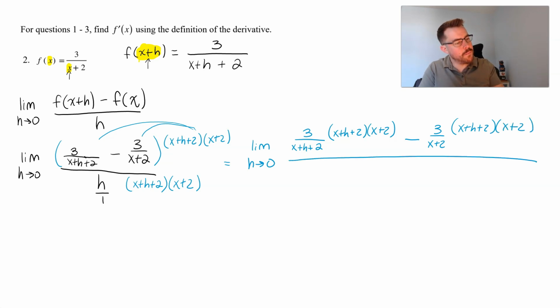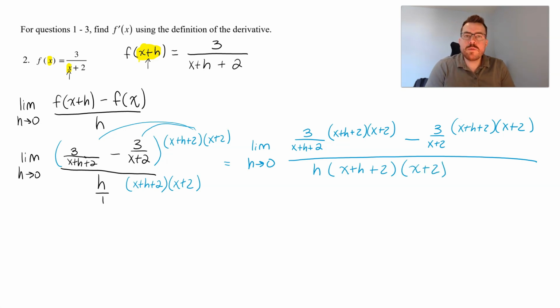And then we leave our whole bottom here, which is h times x plus h plus 2 times x plus 2. Okay, next all we have to do is we just have to simplify this down. So we have x plus h plus 2 on the bottom and x plus h plus 2 on the top here. Anything divided by itself just reduces down to 1. So really we're just left with 3 times x plus 2 on top here.